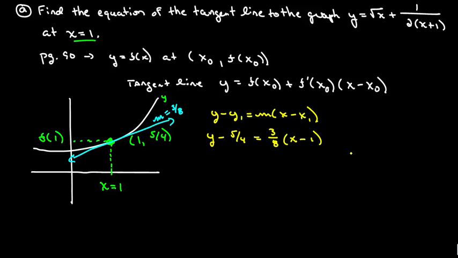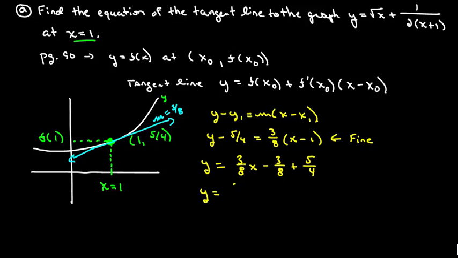And so we can go ahead and move things around if we want to. So I'm going to write this just a little bit better. Because I personally wanted it in slope-intercept form because I like it better that way. So this is good right here. This is fine. Okay, let me go just a little bit further. This will be y is equal to 3/8 x minus 3/8 plus 5/4.